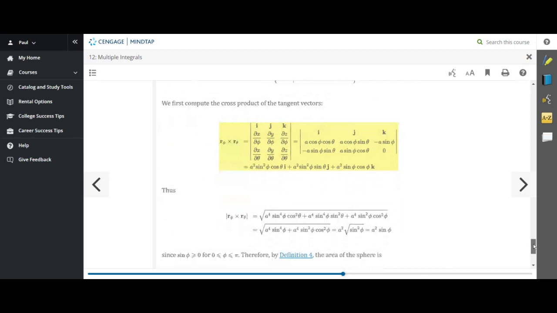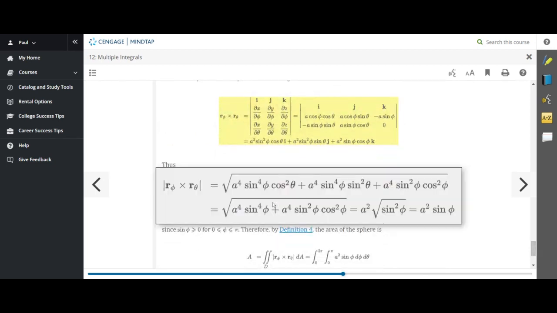All right. So now what we have to do is find the length of the cross product. What they basically do here, I'm just looking at it like you are. I'm okay with the first step where they square each of the components.